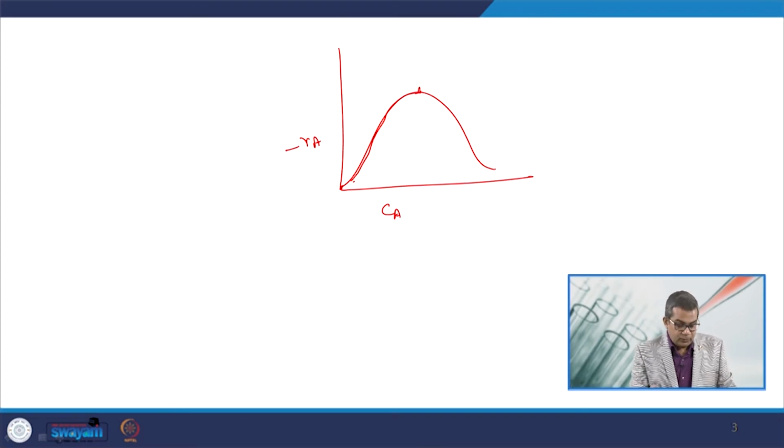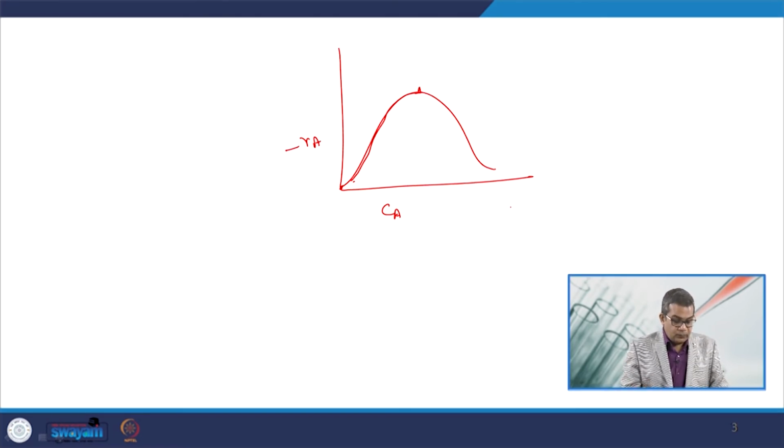When it approaches this particular maxima, at that point of time it may go down. The reason is that the maximum amount of reactants in the reaction mass may get consumed over the period of time. So, this is the progress of time.